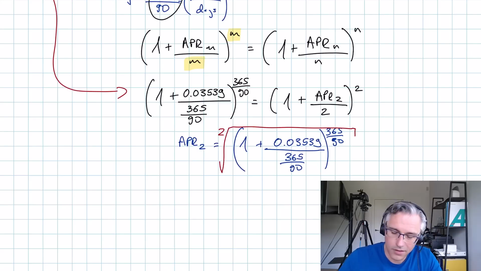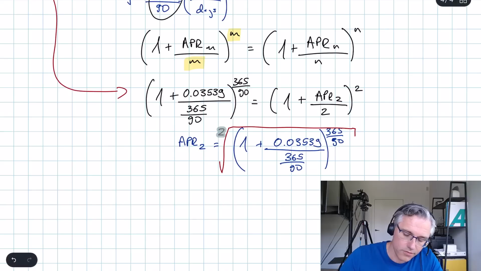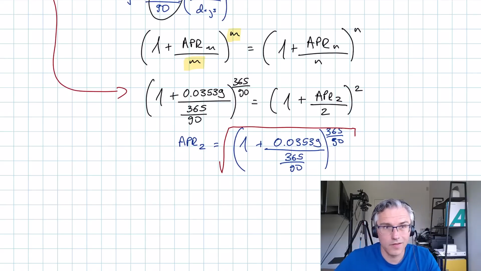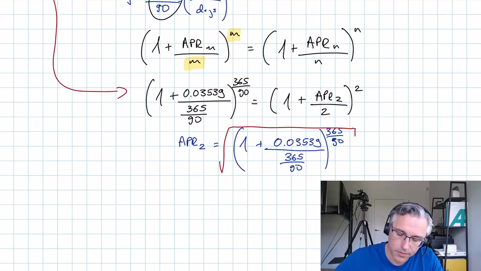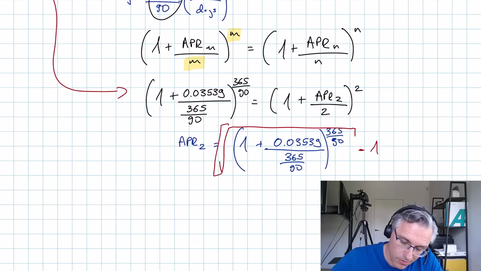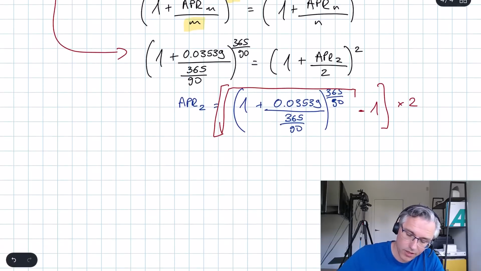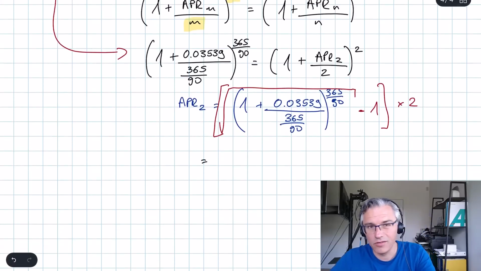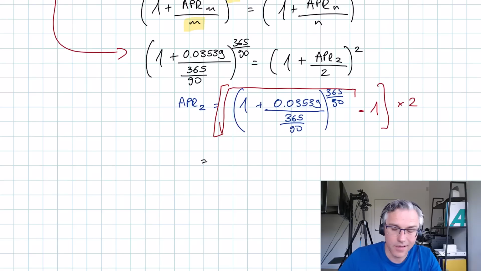So effectively, you don't need the 2 over here if you just do the root symbol. It's an implied exponent of 2. However, this is the same as raising to the power of 1 over 2, isn't it? And deducting 1, but also multiplying out by 2. So, it becomes a rather cumbersome formula to apply, to be honest, but let's try it.